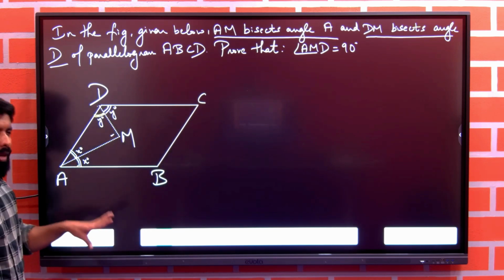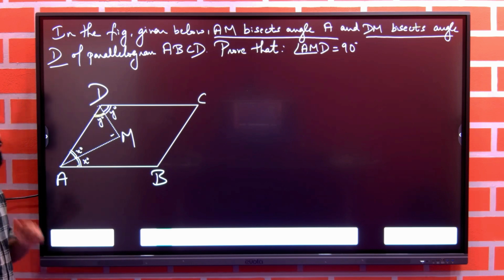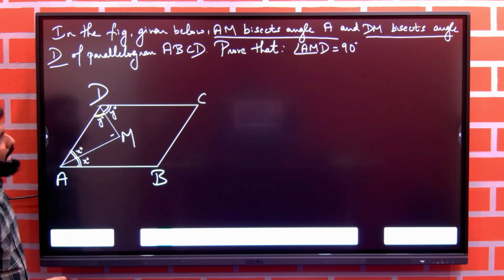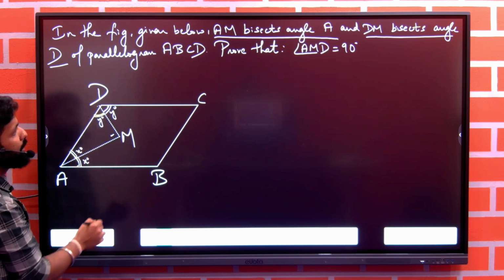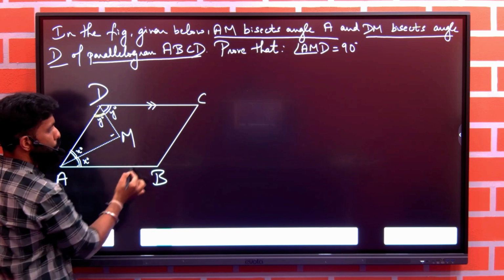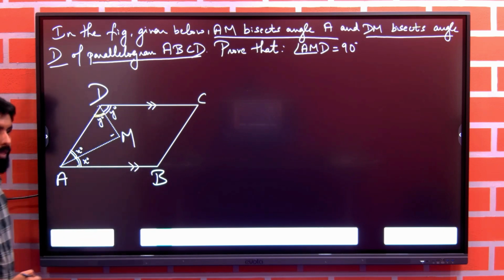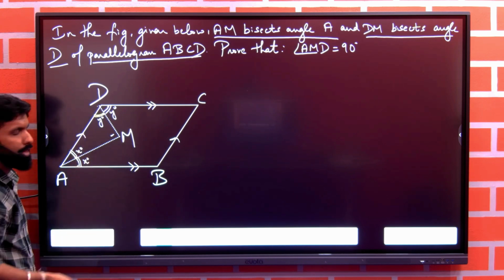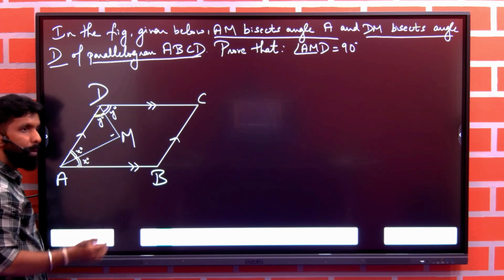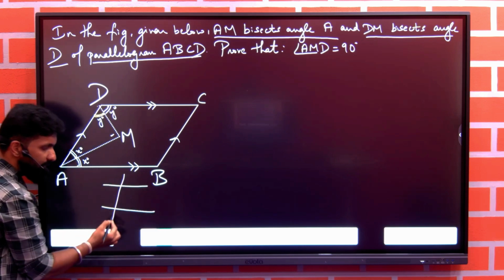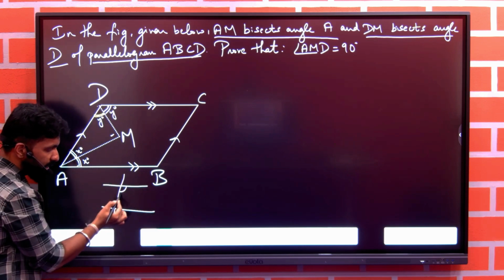A very, very simple question. If you remember what I told you some time back about parallel lines. Now, in the given figure, since it is a parallelogram, can I mark these two parallel? Yes, I can mark them parallel. Even this is parallel, but not of any use right now. Now, if you remember what I told you some time back, in parallel lines, if this is a transversal, what are these two angles called?